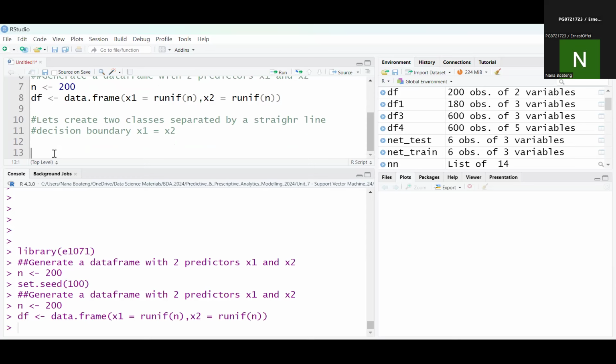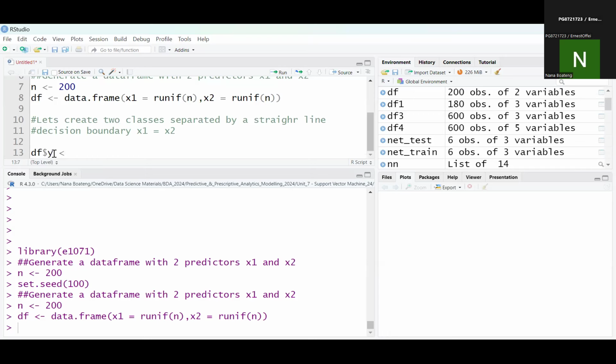So let's map the x. One of them, x1, can be mapped to -1, and then the other will be mapped to 1. On the y-axis, we take our DF data frame.